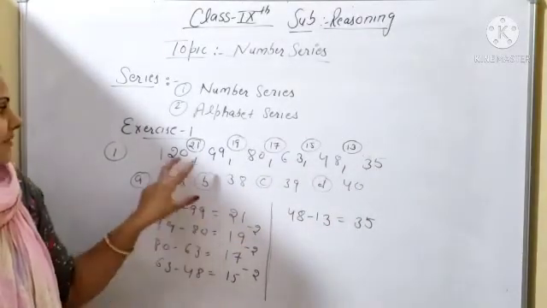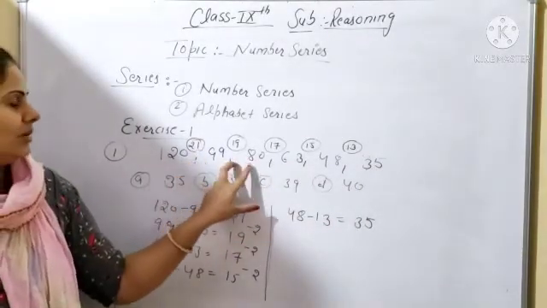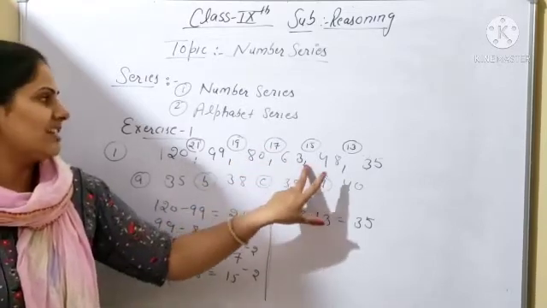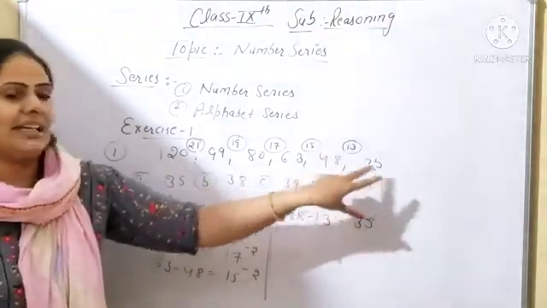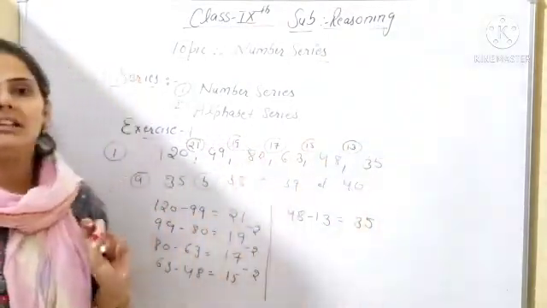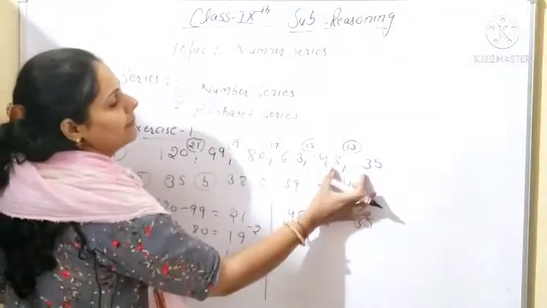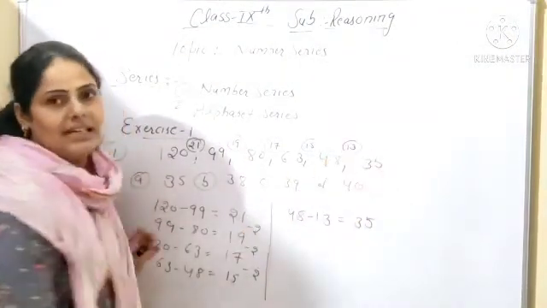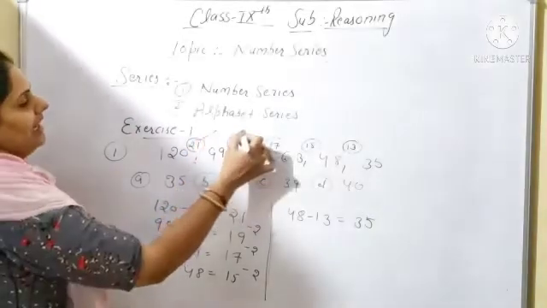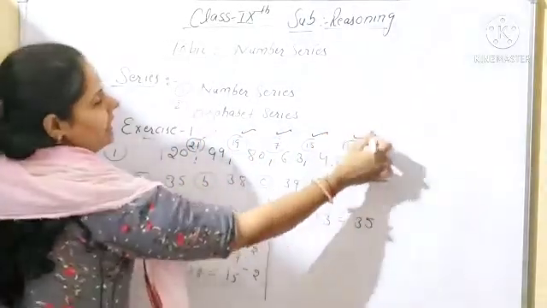Because the difference of the first two numbers is 21, the second two numbers' difference is 19, the next two numbers' difference is 17, the next two numbers' is 15. So what will be the next two numbers' difference? It will be 13. So 48 minus 13 you will get 35, and if you subtract both the numbers 48 and 35, you will get 13. Clear? So you will follow this pattern 21, 19, 17, 15 and 13.